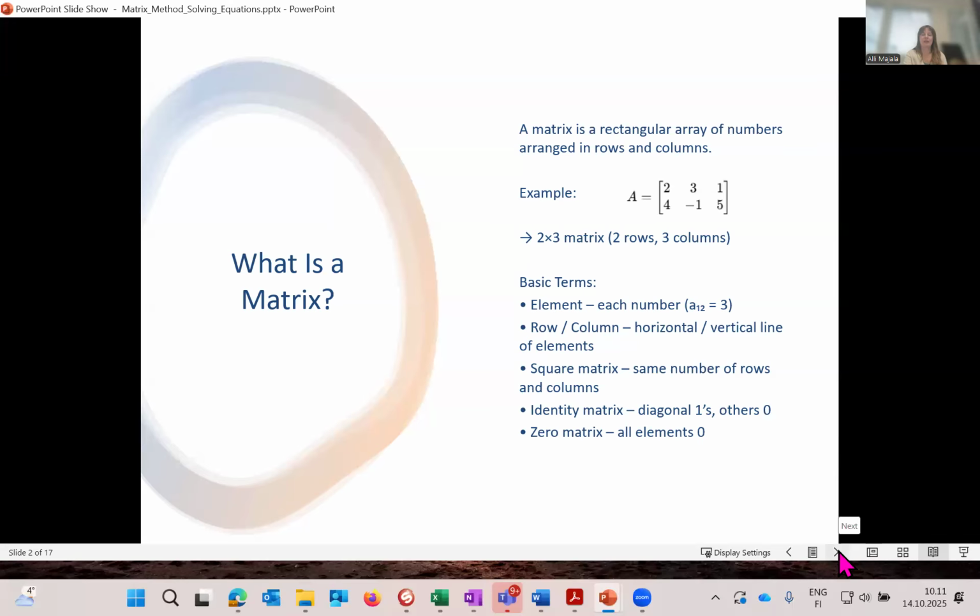There are different types of matrices. Zero matrix, all elements are 0. That would be like having a normal 0 in normal calculations.